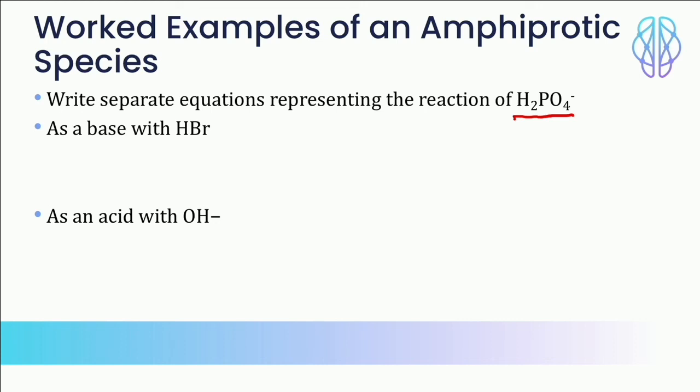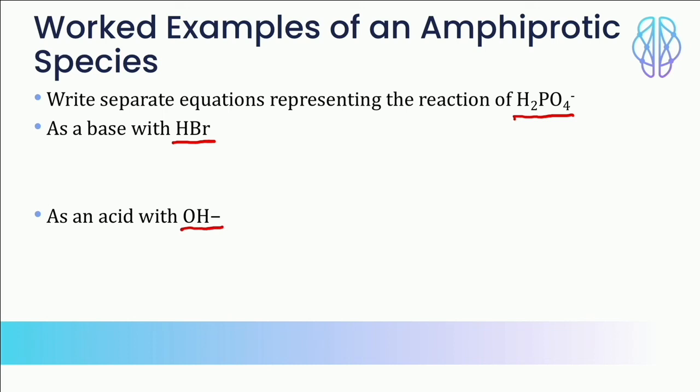As I stated previously, you can think of the actions of an amphiprotic species as kind of like a crossroads. When presented with a strong proton donor, such as HBr, it'll act as a base, and when presented with a strong proton acceptor, it'll act as an acid.